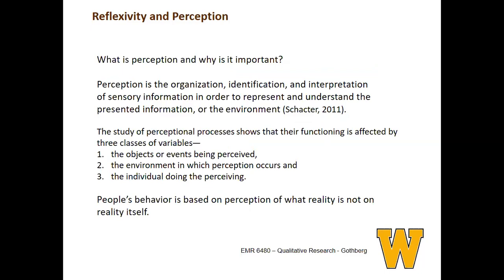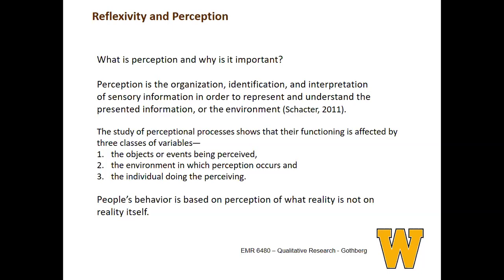Perception is the organization, identification, and interpretation of sensory information in order to represent and understand the presented information or the environment. The study of perceptual processes show that their functioning is affected by three classes of variables.